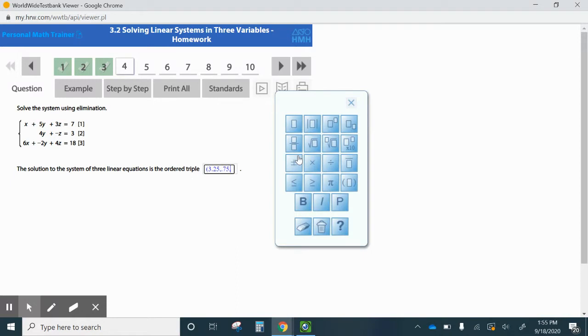All right, question number 5, solve by elimination. So then I'm going to write the system down.